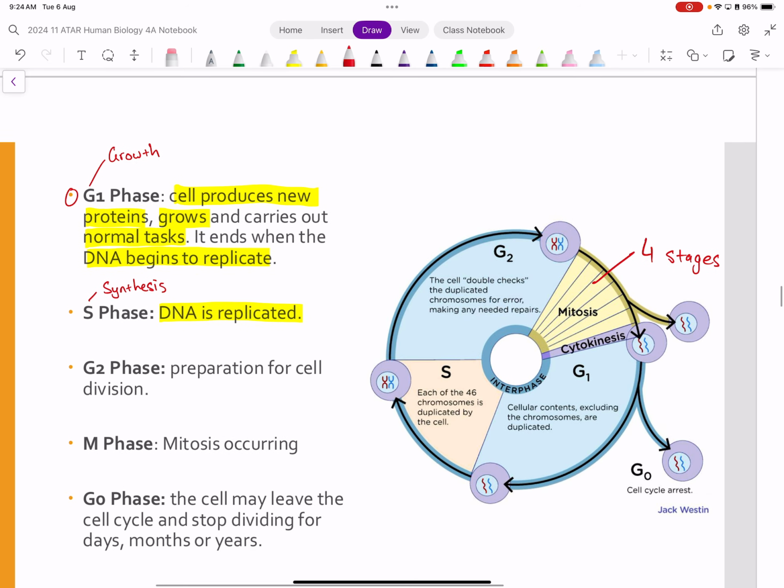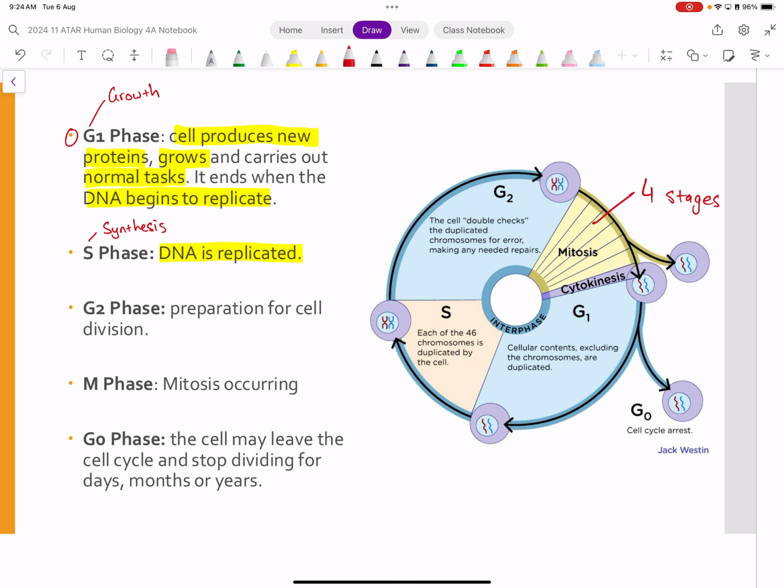Once we've copied our DNA, we then move into the G2 phase, into our second growth phase. And this second growth phase is our simple prep, or our preparation for our division that occurs in the M phase or our mitosis phase.